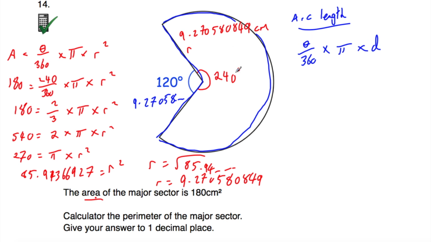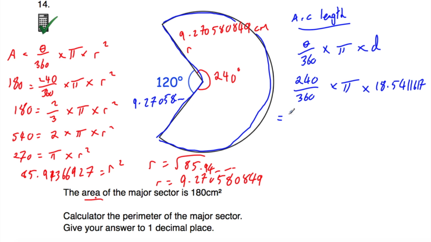So β, well, β is 240, so 240 over 360, remember 2/3, multiplied by pi multiplied by the diameter of the whole circle. So we've got our radius. If we just double that, now it's already on my calculator display, so I can do multiply by 2, and that's equal to 18.5411617. So that is the diameter of the whole circle. Now we just need to work this out.